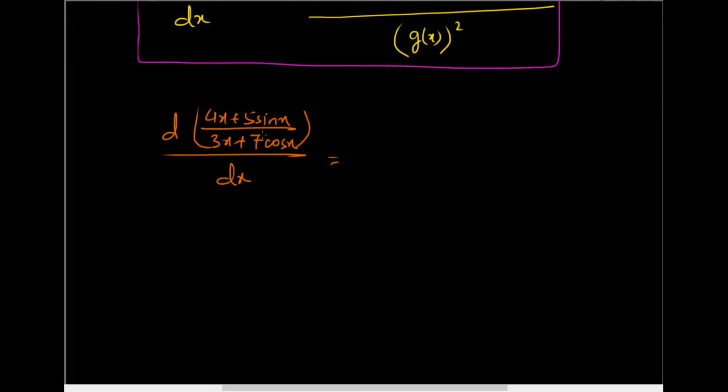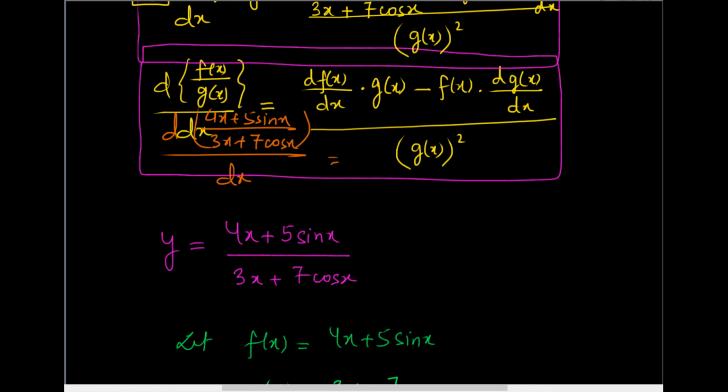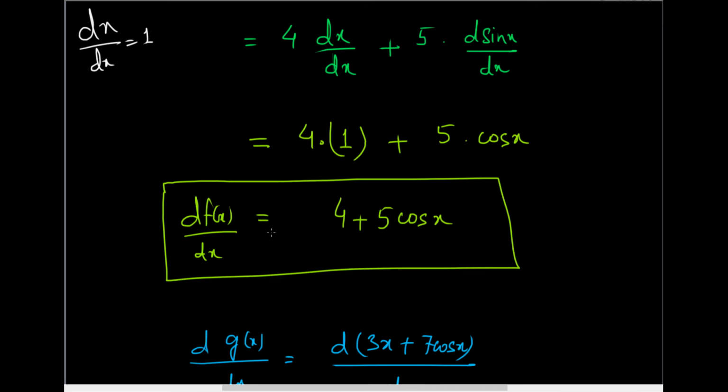The numerator is f(x) and the denominator is g(x), and we already have the result from the previous video that the derivative of f(x) is 4 plus 5 cos x.